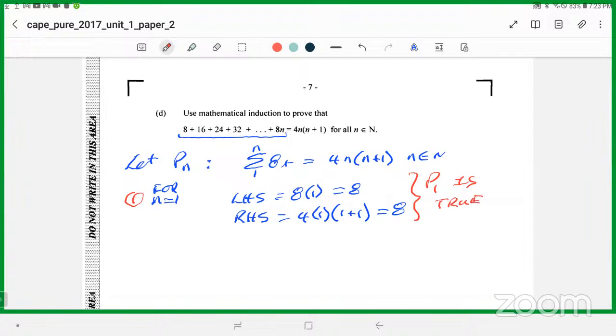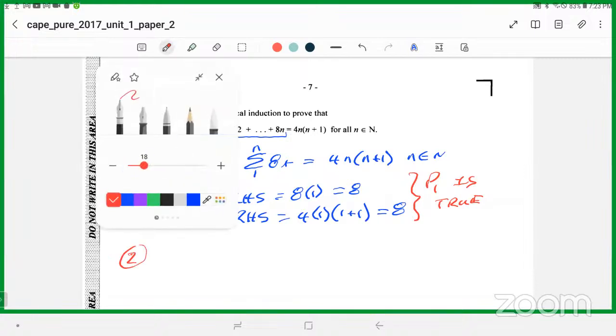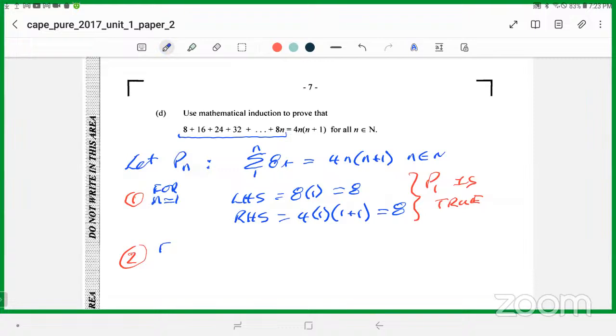Then we go to the second step, which is the easy step. You just basically put in n equals k. So for n equals some natural number k, because n is a natural number, whatever value you give to n, it's a natural number. You're just replacing the n with k in this expression.